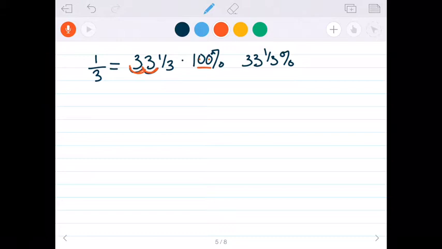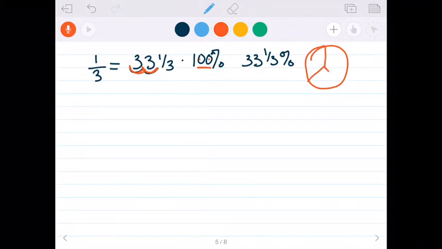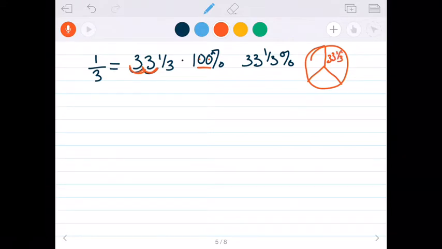But of course, 33 1/3% is one part of a whole. Like you have a whole, so 33 1/3% is equal to 1/3 of it. Okay, it's less than all of it. But what happens if we have 1 1/3? What does that equal? Well, that means we have this section here plus one more.